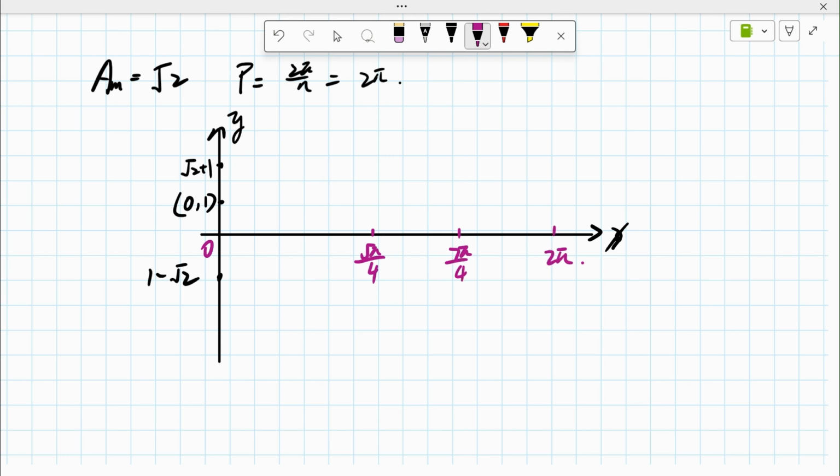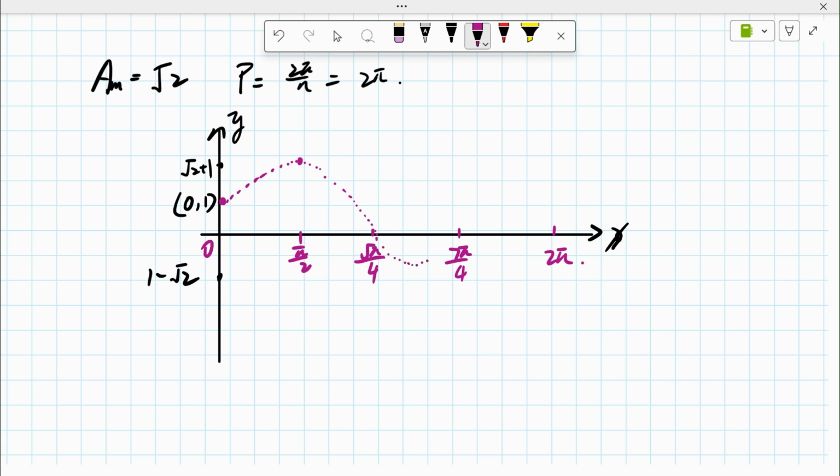So we're going to start with 0, 1, and we also know half pi gives root 2 plus 1, so which is like that. And we're going to draw the graph like this.